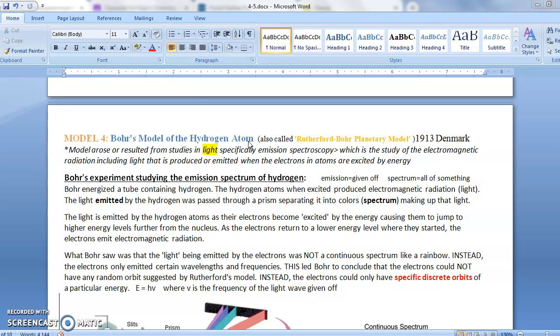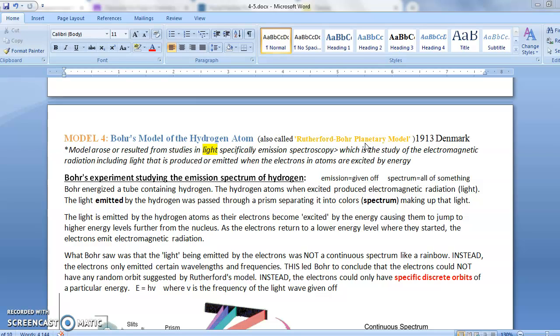Yet it did make a landmark idea that changed the notion of how electrons behaved in an atom forever. And Bohr's model ushered in what was called the quantum age of science. Now, since Bohr's model and Rutherford's model came out at about the same time, just 2 years apart, they're often lumped together in what's called the Rutherford-Bohr planetary model.